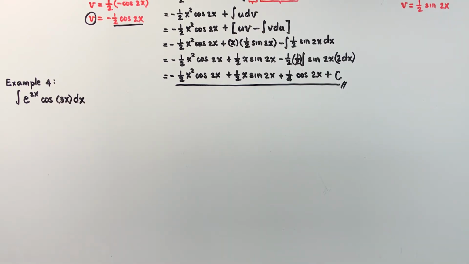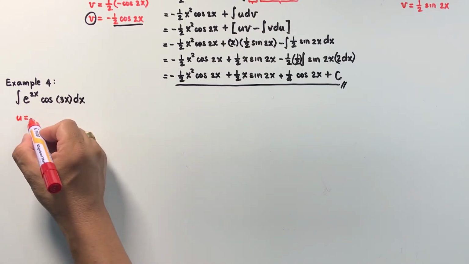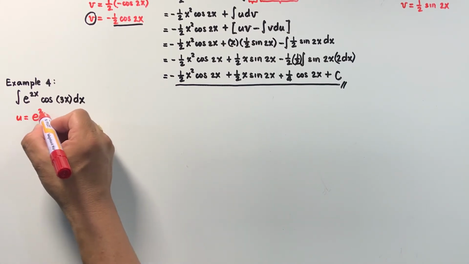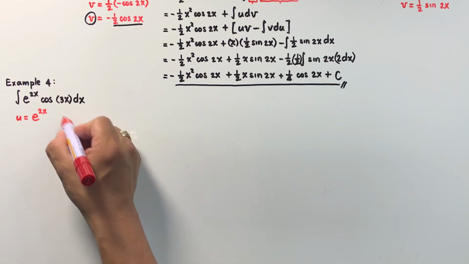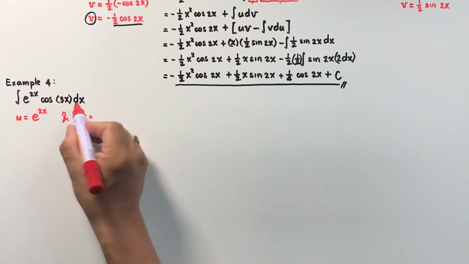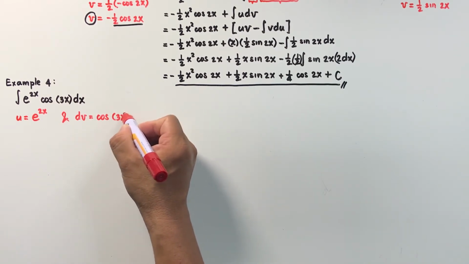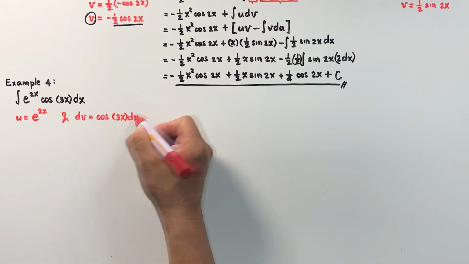So we might guess that our u here is e to the power 2x, and our dv part here is the remaining expression, which is the cosine 3x dx.